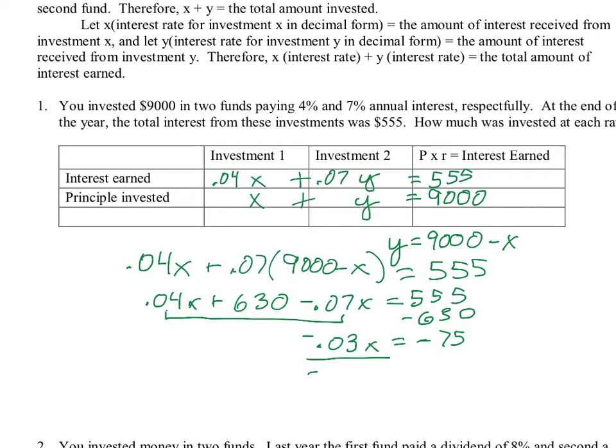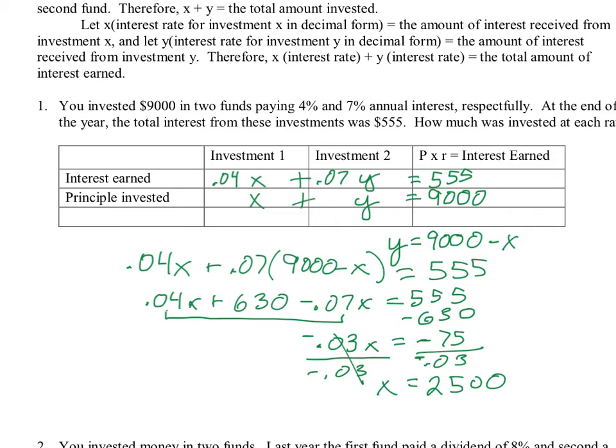I divide both sides by negative 0.03, leaving me with x equals negative 75 divided by negative 0.03. Oops, I forgot to write the negative on that side. And I get 2,500. So X, I invested $2,500 in X.